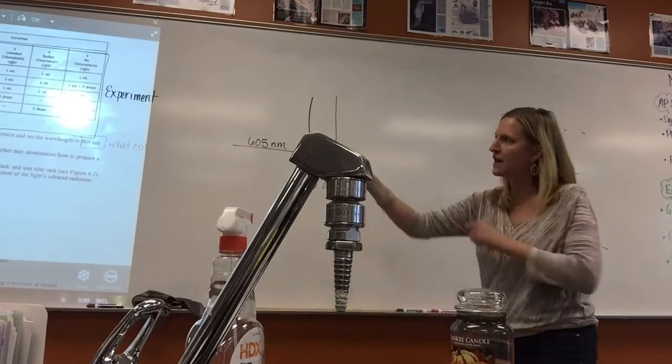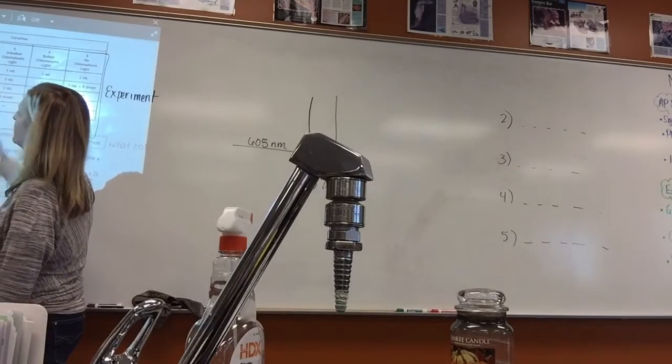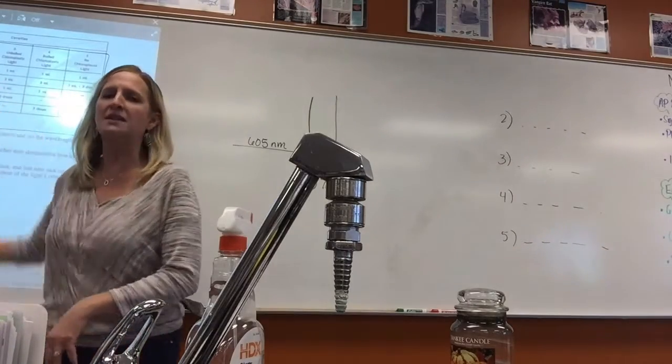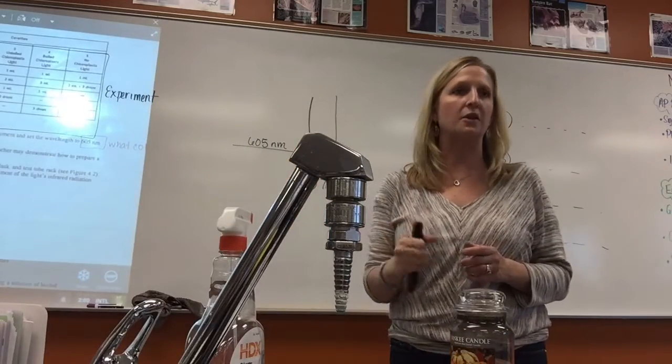And so, let's look here. Cuvette 3 says unboiled chloroplast in the dark. Before I even talk about what's in it, can somebody tell me what hypothesis you're testing there?